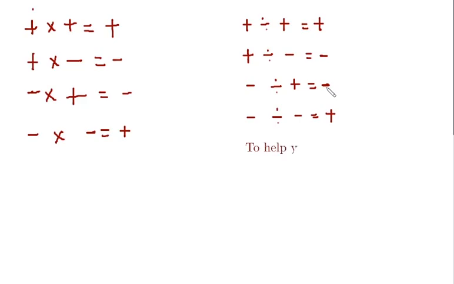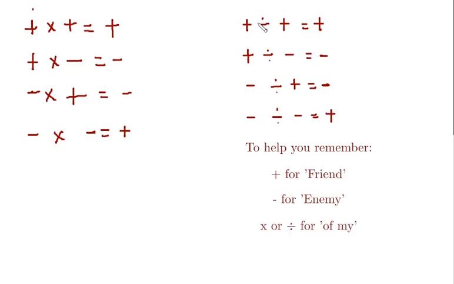Now, to help you remember this rule, I would like you to note that for the addition, you can remember it as friend. So anywhere you see addition, you can represent it as friend. Anywhere you see multiplication or division, you can represent it as "of".